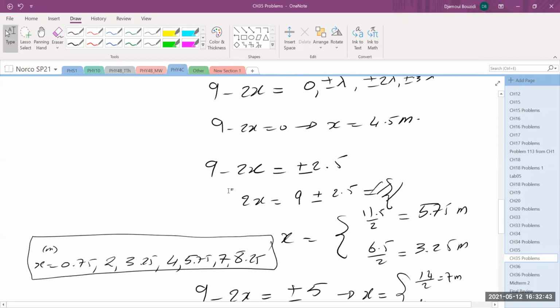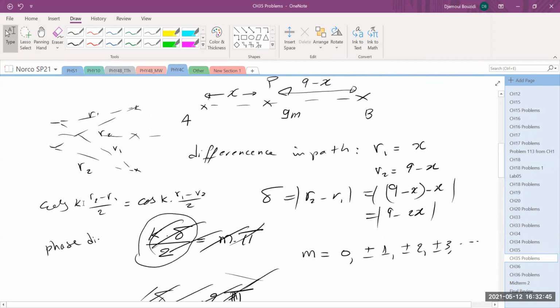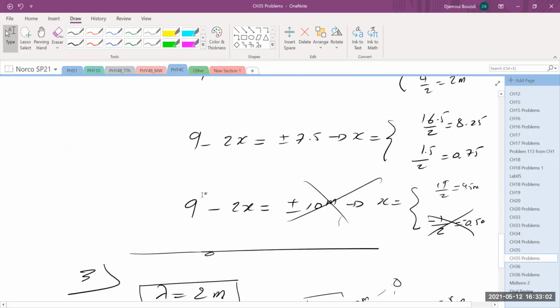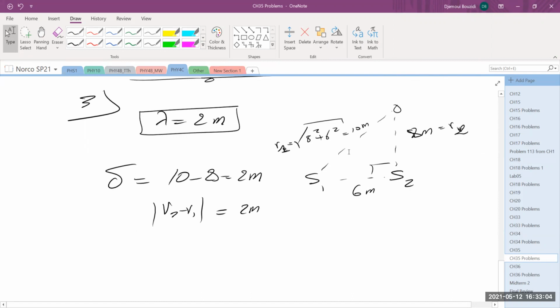The reason is, again, because of this property of the cosine. The cosine of k times R2 minus R1 divided by 2 is the same as cosine of k times R1 minus R2 divided by 2. And the reason being is cosine is an even function. So cosine of alpha is the same as cosine of negative alpha. That's why I take this in absolute value. I don't care which one comes first.